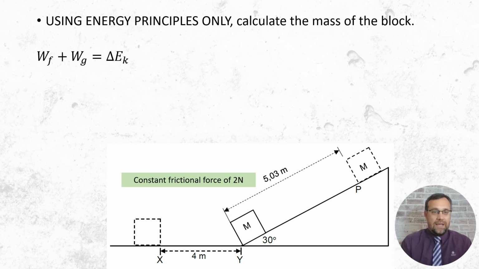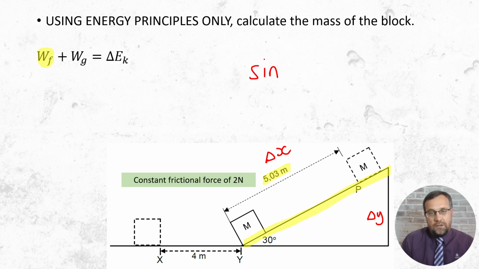Now for our 2 aspects, we know that with regards to the friction, the object is going to move along that incline, and that value will be 5,03 meters. That is our displacement. And what is our vertical displacement? You can think about it.